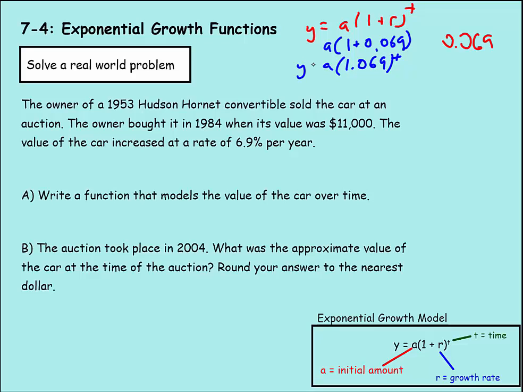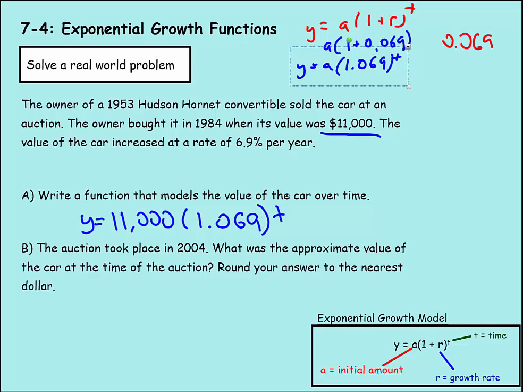So here's our function, y equals A times 1.069 to the t. Remember, A is the initial amount now, and that was this much. So our function then would be y equals the initial amount, which is 11,000, times our rate plus 1, so 1.069, raised to the time for t.